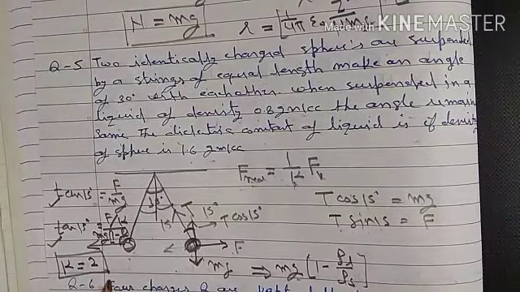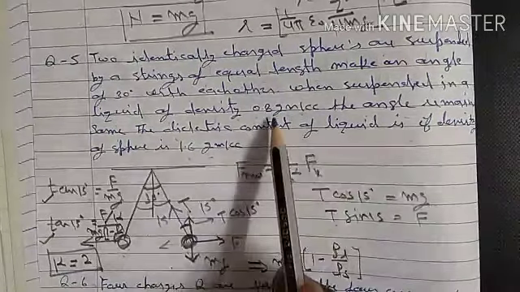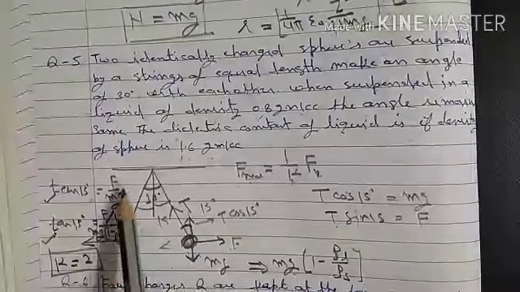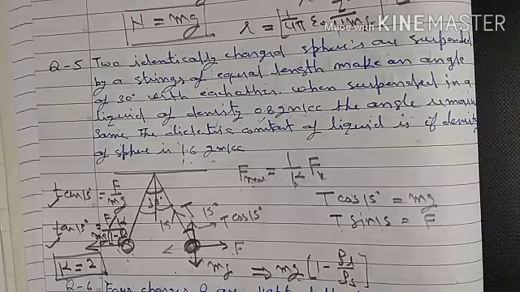So the dielectric constant will be 2 after putting the values 0.8 and 1.6 here and comparing both.